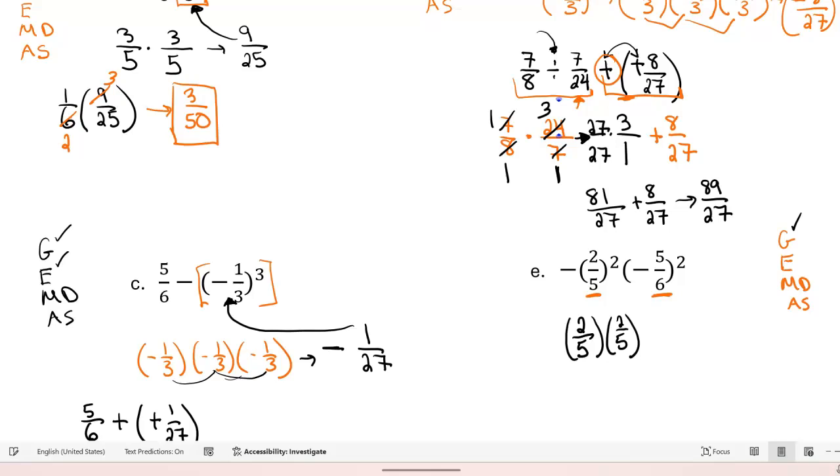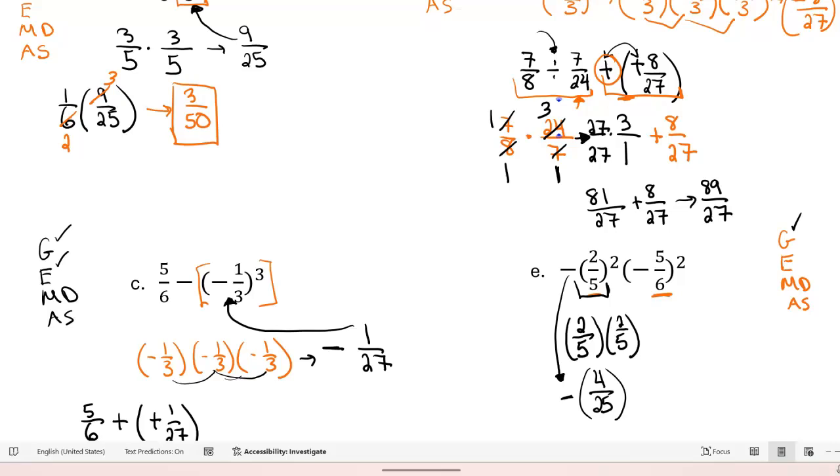So whatever I get here is going to replace that 2/5 squared. And then I have, so that's this part expanded. I have not included the negative yet. So here I get 4/25 parentheses, and I still have the negative. That is this one, right?